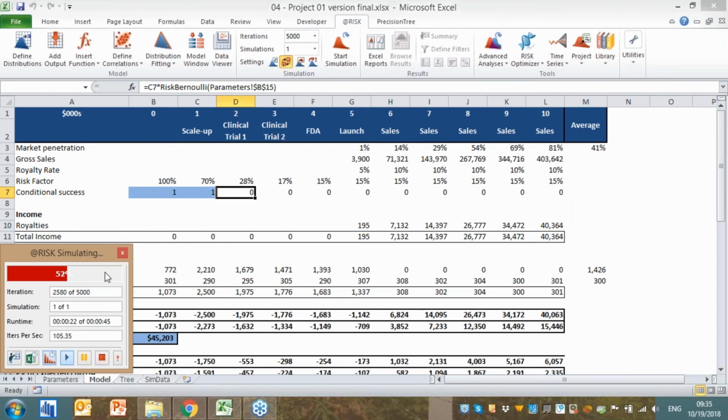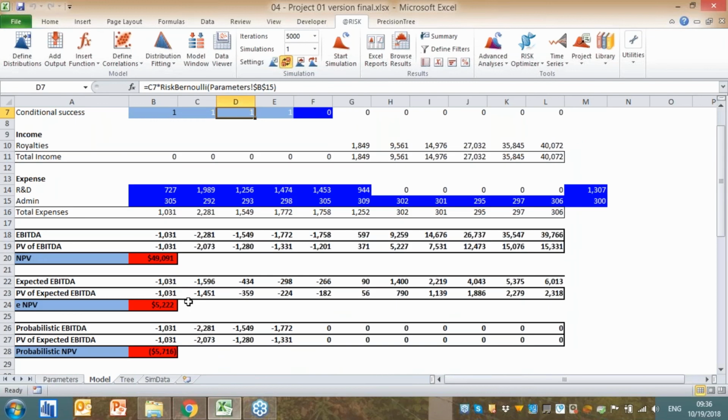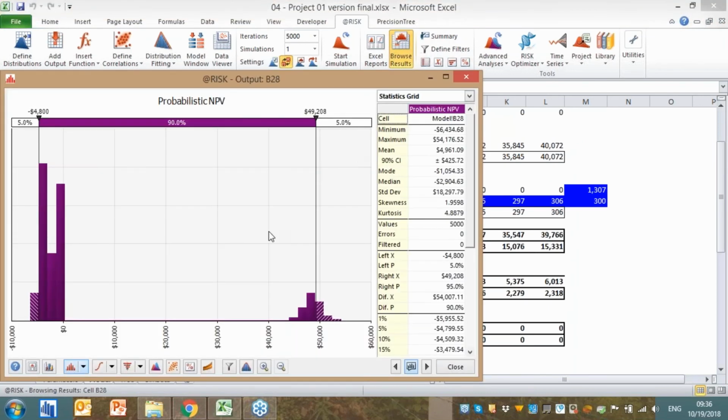As you can see here, by the end of some 40 seconds it is going to be able to generate 5,000 iterations. In other words, 5,000 representations of how each one of your output variables is going to look. So by the end of the 5,000 iterations, once again, this is the way my probabilistic NPV looks.